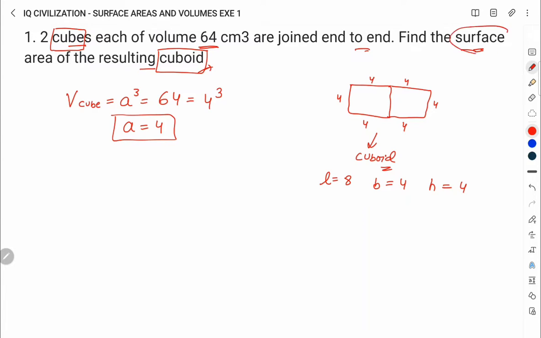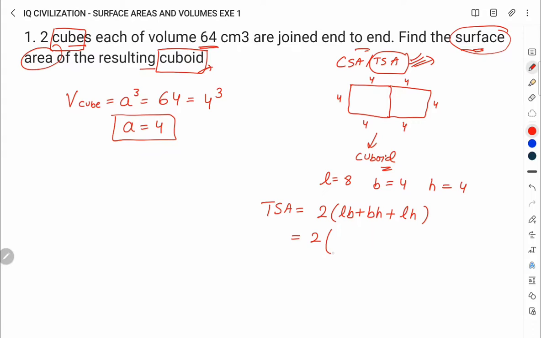When surface area is asked without mentioning CSA or TSA, always go with TSA. If the examiner needs the CSA, he will particularly mention it. So TSA is 2 into lb plus bh plus lh.